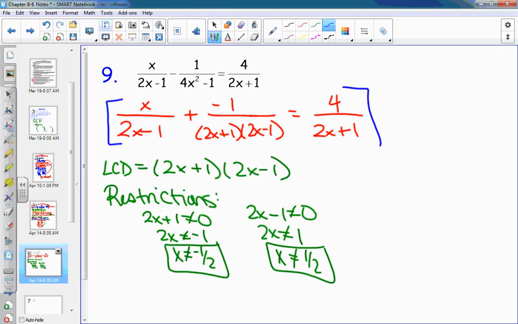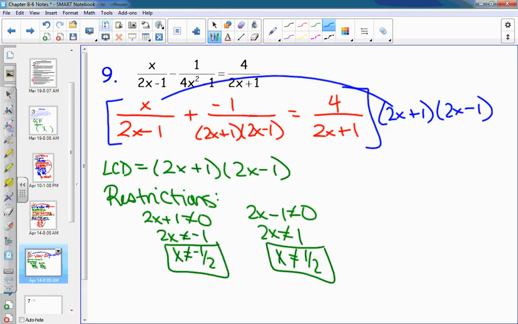I take the entire equation, and what am I going to multiply it by? The LCD, which is going to be 2x plus 1 times 2x minus 1. And when I do that and I distribute that in, what am I left with?